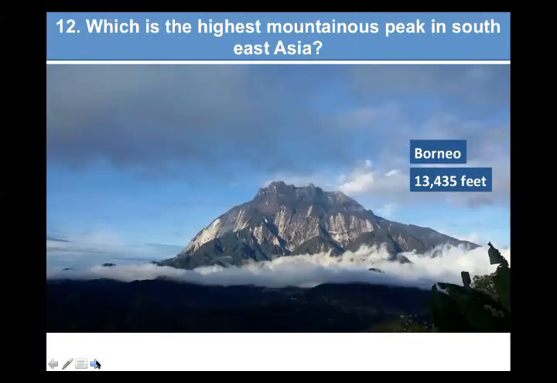Which is the highest mountainous peak in Southeast Asia? We know in Asia, Mount Everest, Himalaya. Apart from the Himalaya, when you go further southeast, to Borneo, there is a peak of about 13,435 feet.